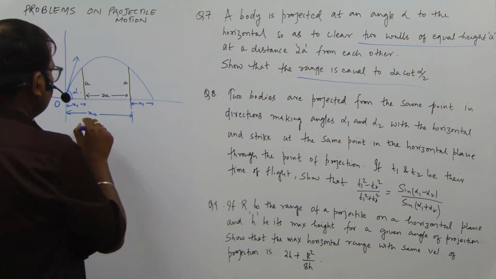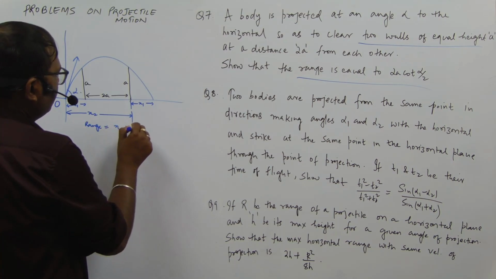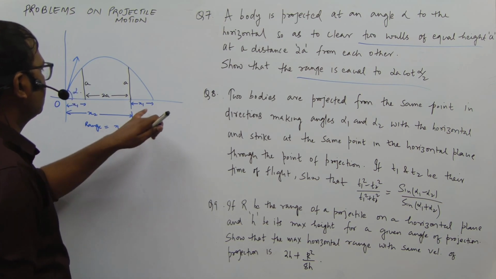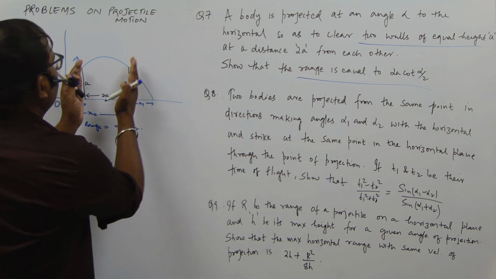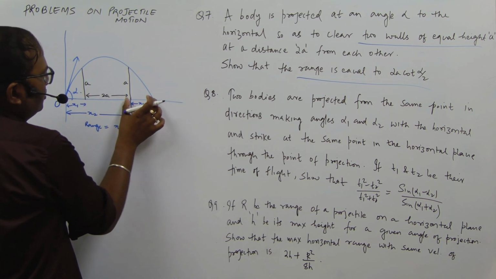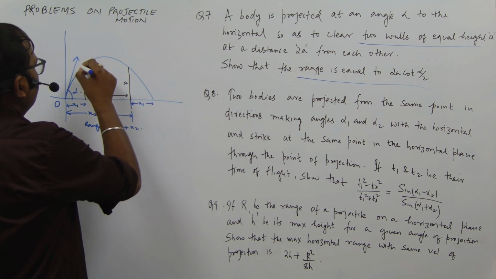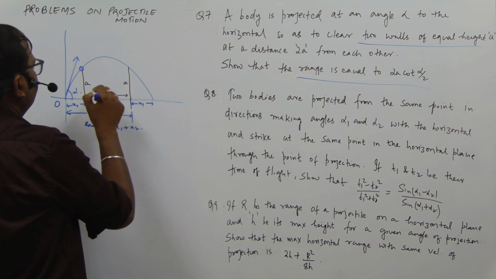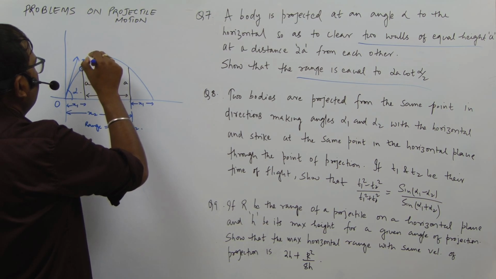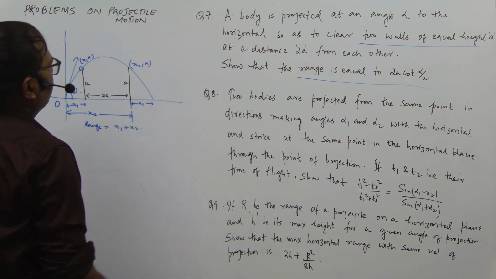So the range is equal to x1 plus x2, by symmetry. This is symmetrical, so this distance will be equal to this distance. The coordinates of this one will be x1 comma a, and this one will be x2 comma a.